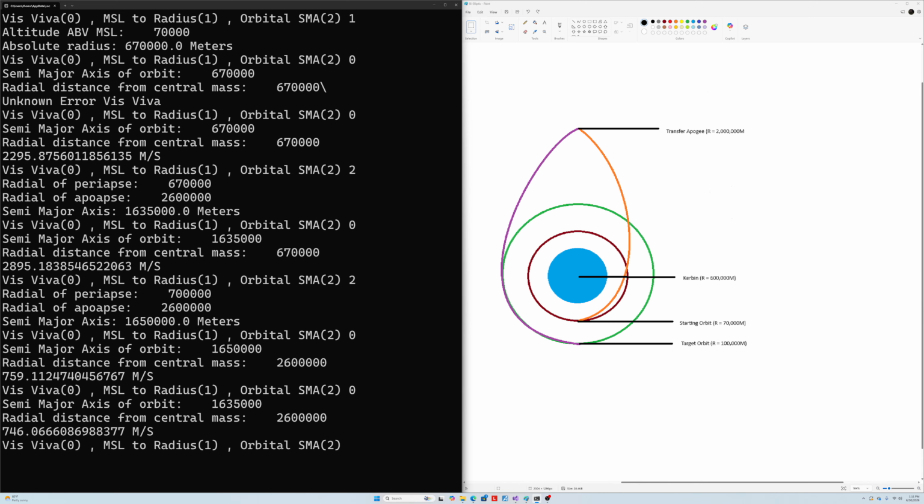The next and final step of the transfer is, of course, descending to our target orbit and initiating a retrograde burn in order to circularize. So what we will do is we will perform a vis-viva equation to determine exactly how fast we should be traveling in order to be in a circular orbit at our target altitude.